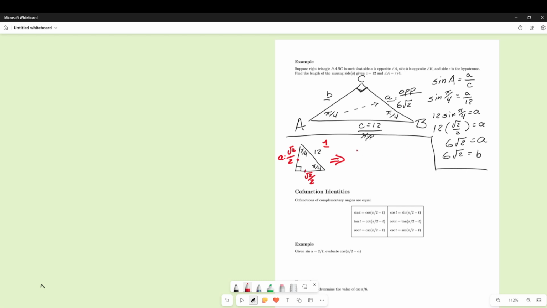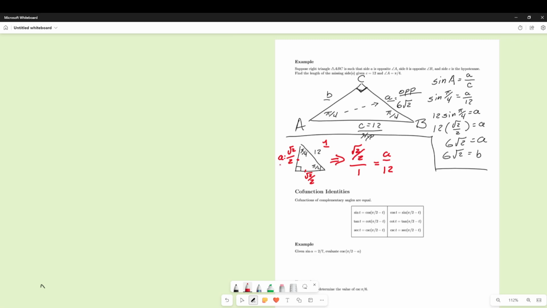Then we know that in the big triangle, the square root of 2 over 2 is to 1 as A is to 12. We know that the ratio has to hold regardless of what size the triangle is.